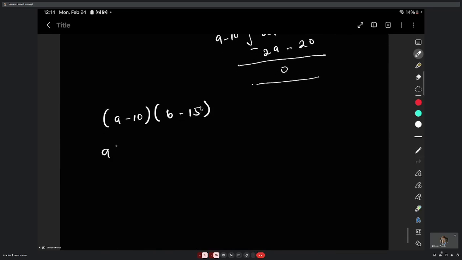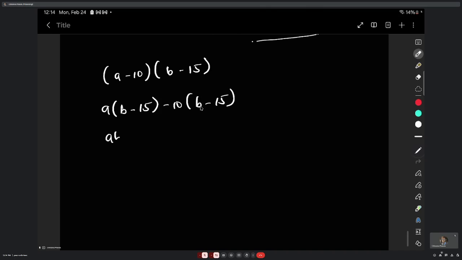So this is B minus 15, and so this is AB plus 150.